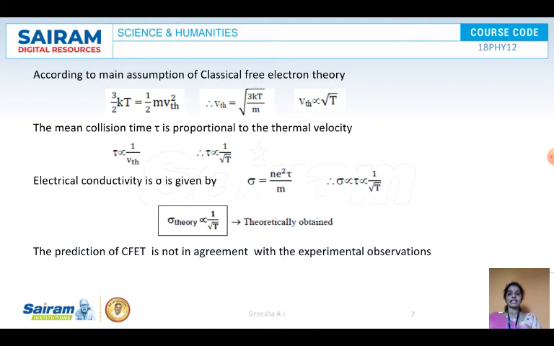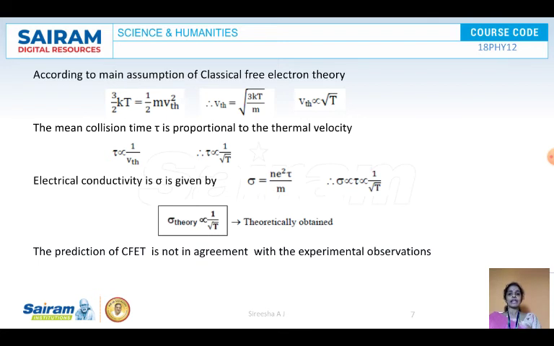From here, rearranging the terms, Vth is equal to root of 3 kT by m, or Vth is proportional to root T. Look at the expression: T is in the numerator and Vth is also in the numerator. 3 is constant, k is constant, m is constant. Therefore, we can say that Vth is proportional to root T.